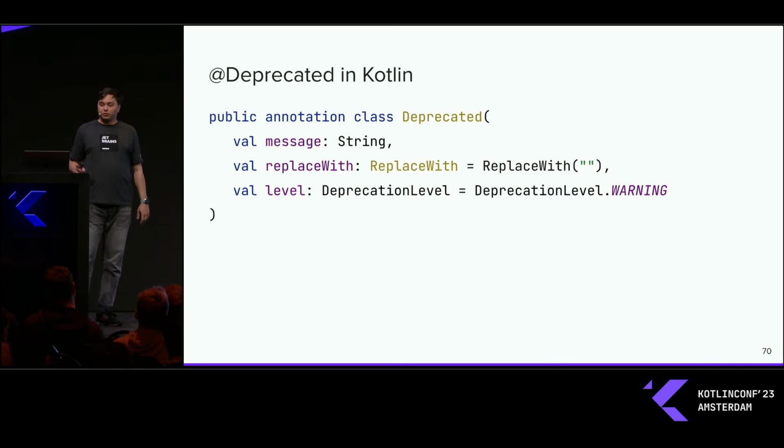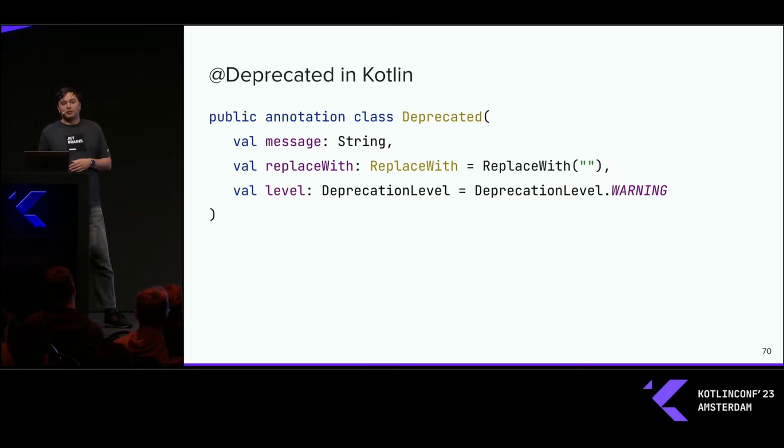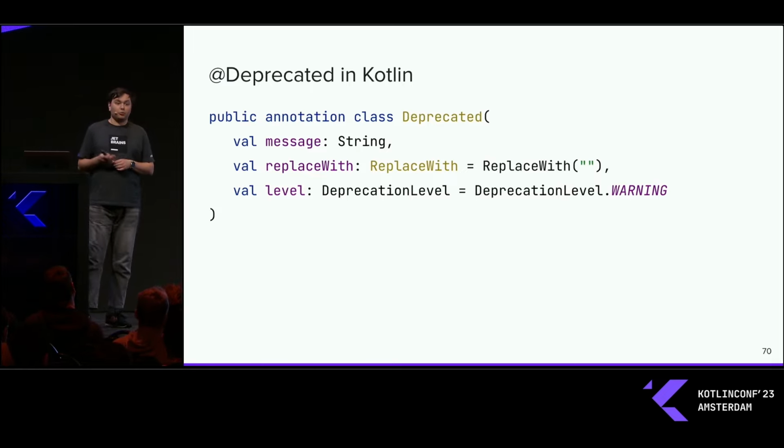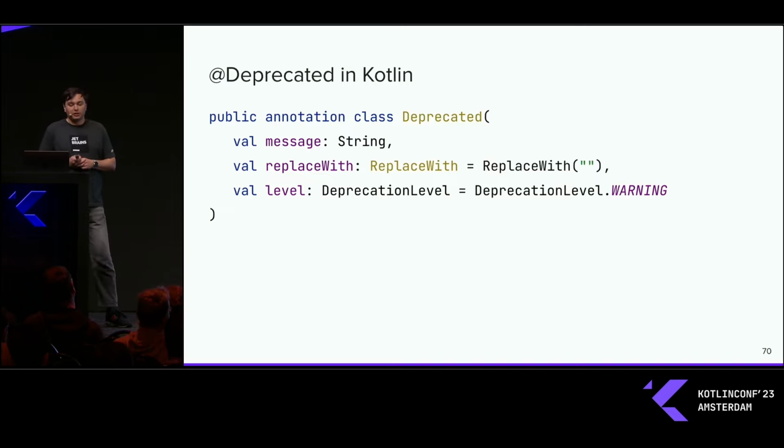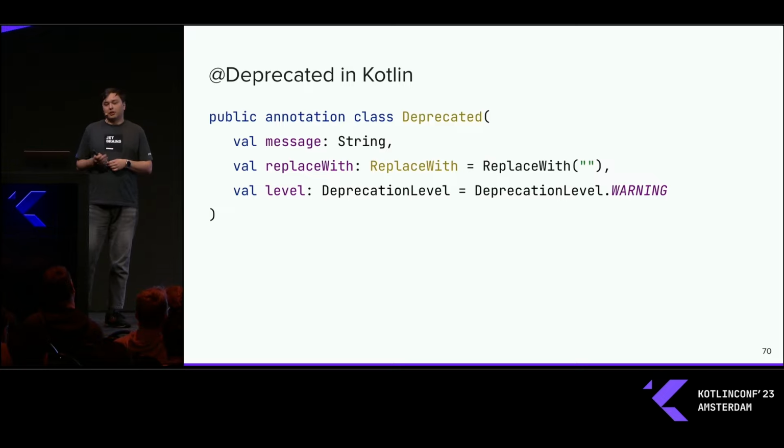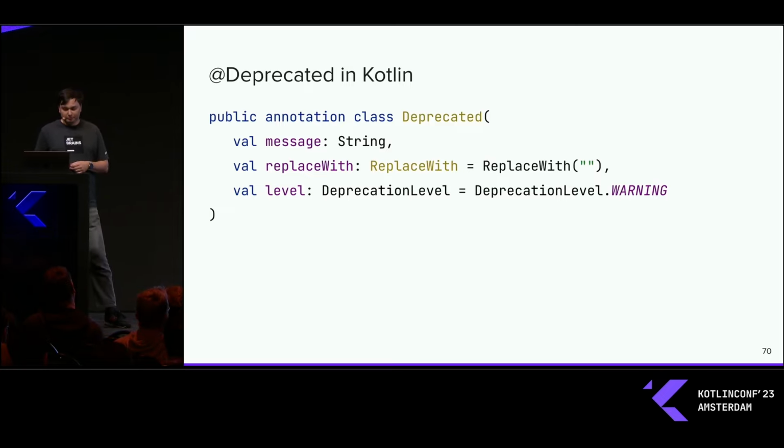In contrast, in Kotlin, we have a separate Kotlin.Deprecated annotation that has more parameters than Java's Deprecated. We have message, which is mandatory, by the way, and we have replaceWith, and we have level. So how to use all these tools to make migration for your client smoother?